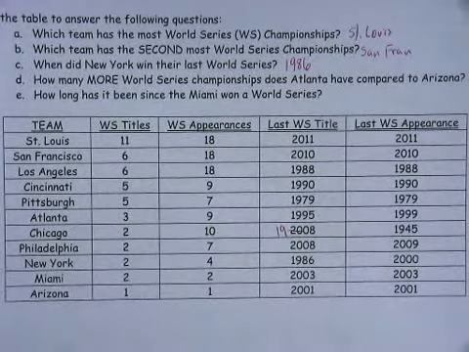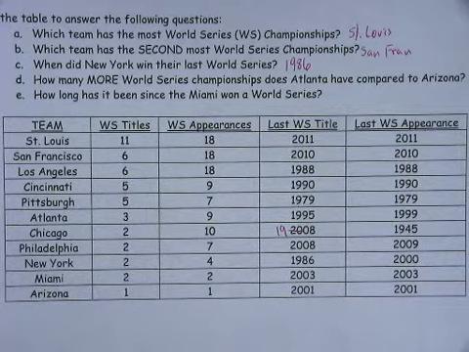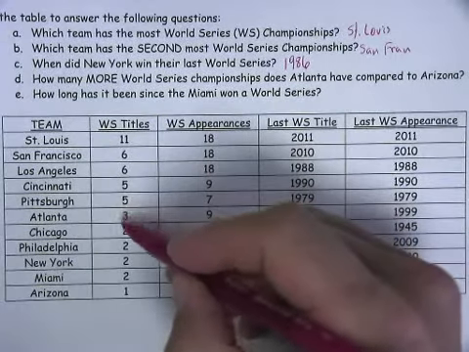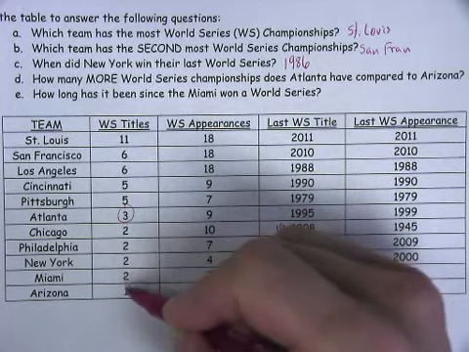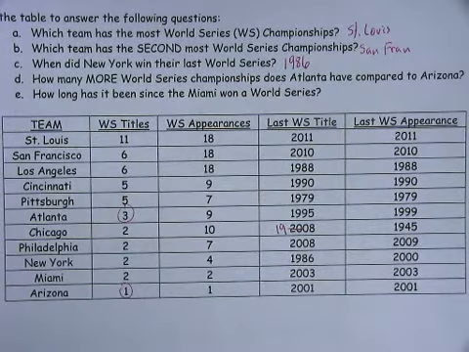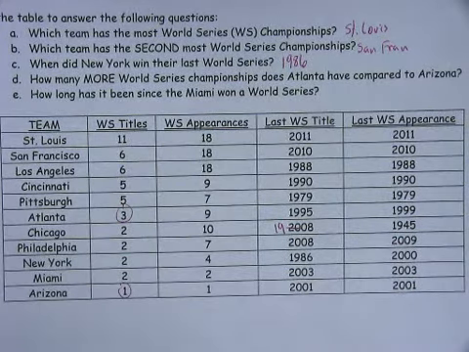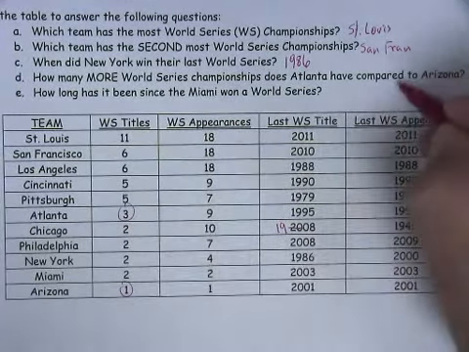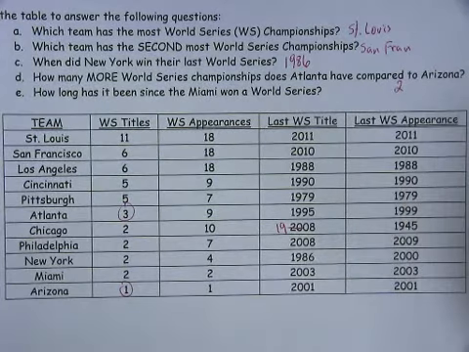How many more World Series championships does Atlanta have compared to Arizona? Atlanta has 3, and Arizona has 1. They're not asking for how many, they're asking how many more. Well, if Atlanta has 3 and Arizona has 1, then Atlanta has 2 more than Arizona.